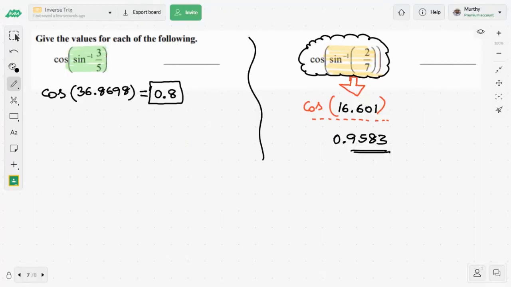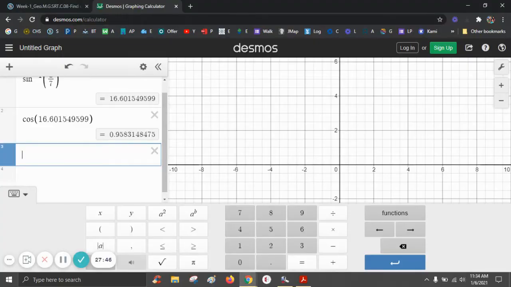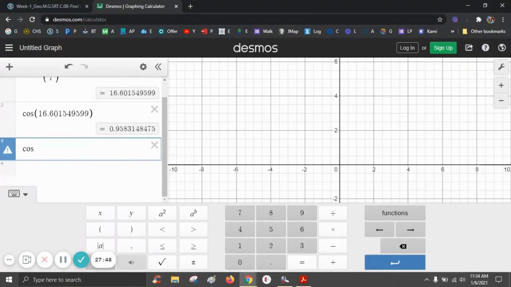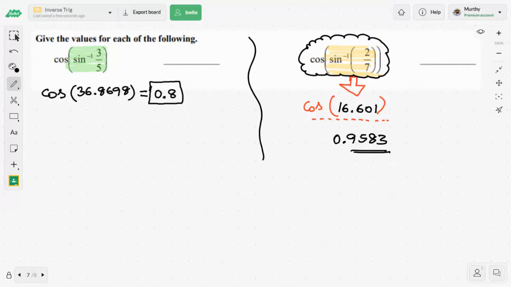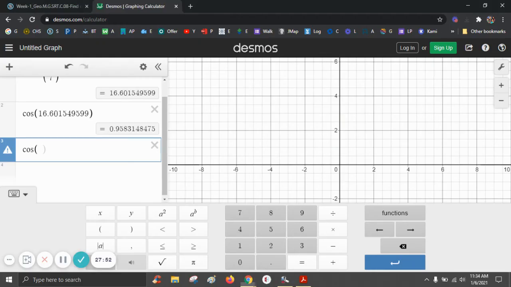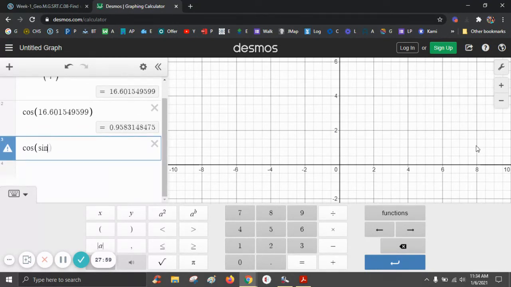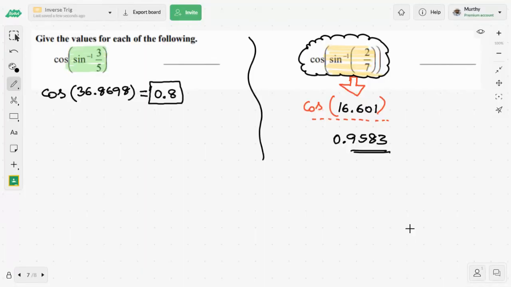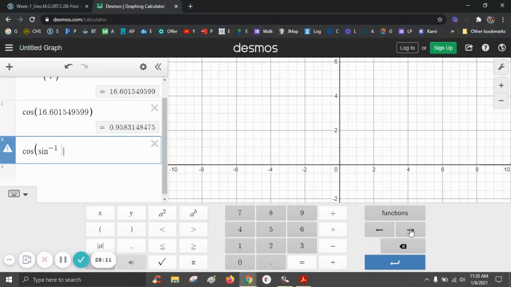I type cos followed by parenthesis. Then inside the parenthesis, sine, then I use the a to the power of b key for the inverse, then come out of the exponent part. Then again parenthesis, 2 over 7.